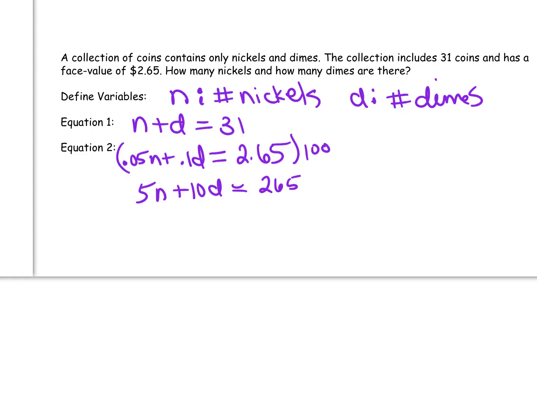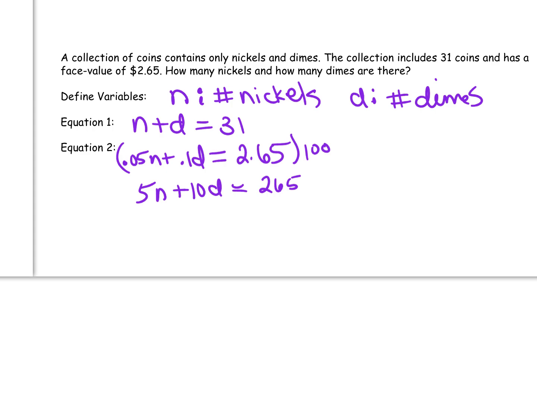Okay, now what? What do you want to do? Is this set up for substitution or elimination? Elimination. Substitution means you'd have a variable isolated. We do not. So if I put them together, which one do you want to eliminate?